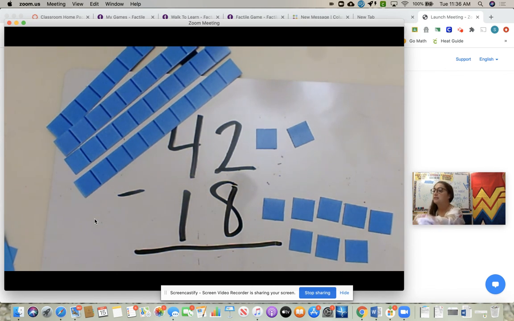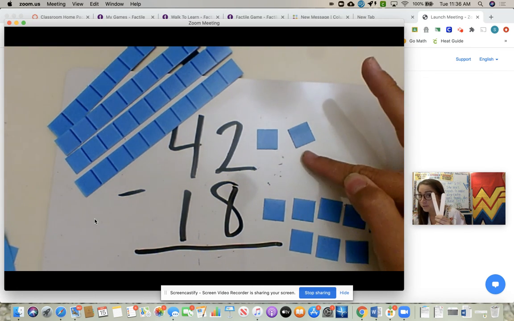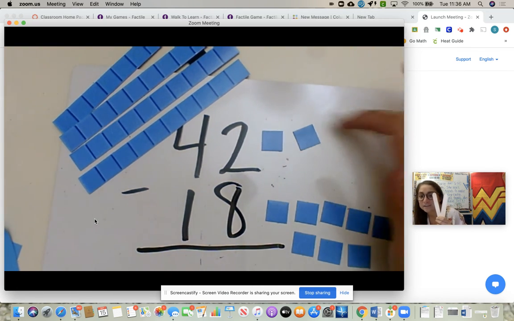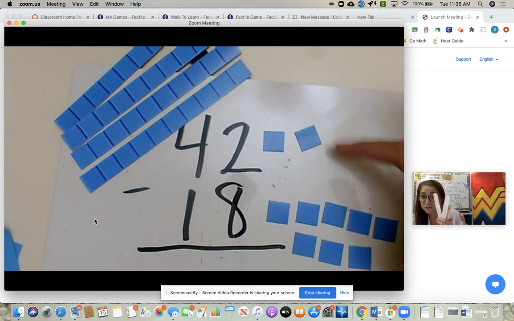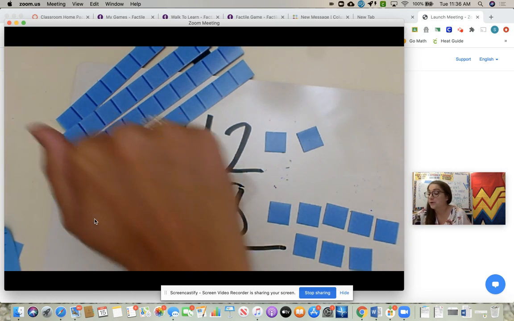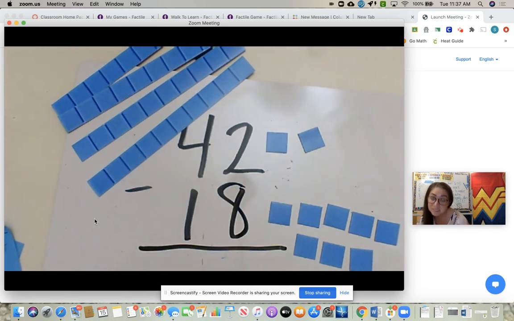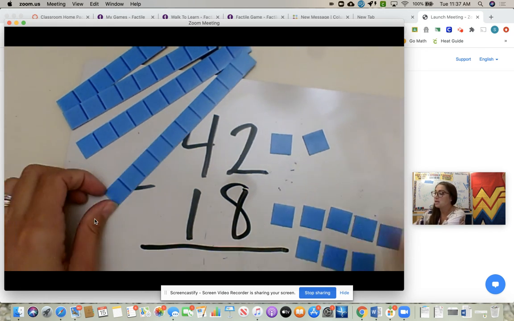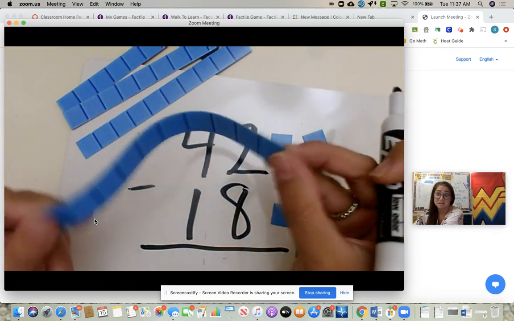If I have 2 sticks, or if I have 2 blocks, can I take 8 away? No, there's no 8 to take. I can't take 8 away from 2 sticks. It's impossible. So I need to knock on the neighbor's door, and I need to borrow 10.